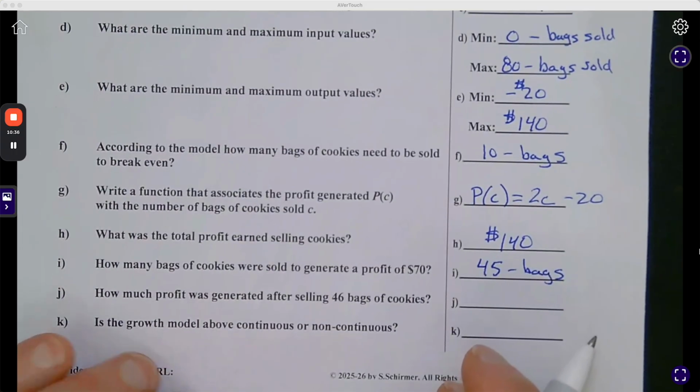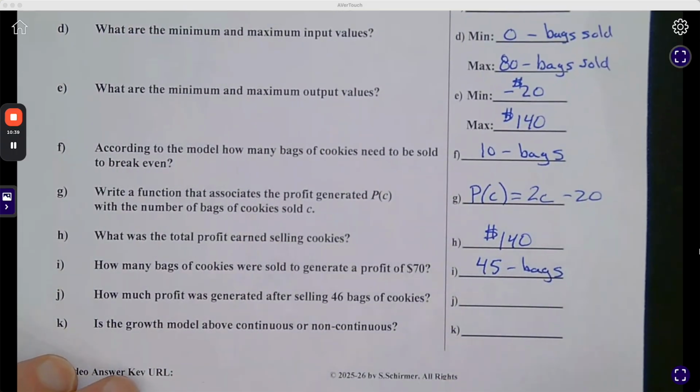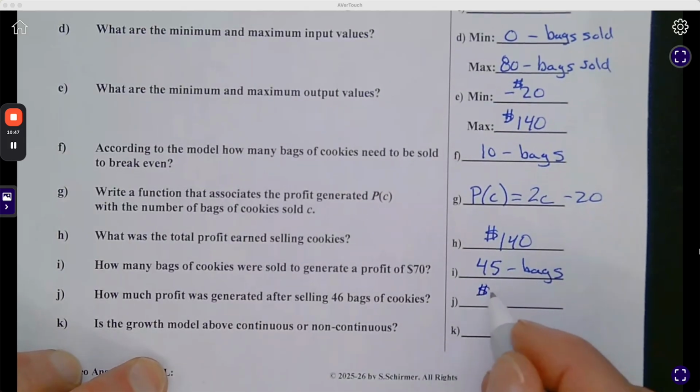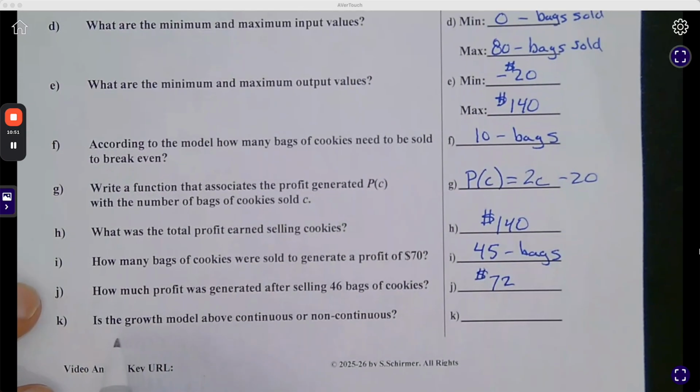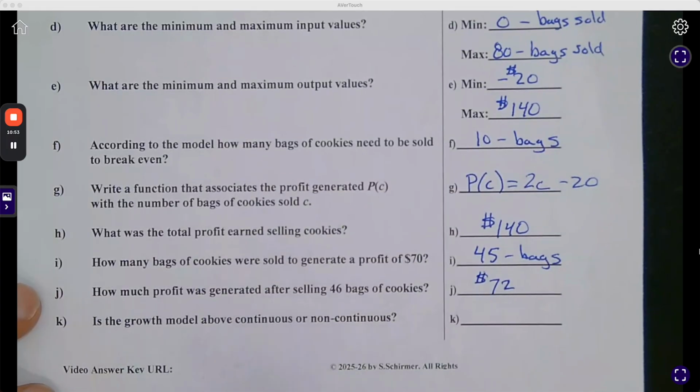How much profit was generated after selling 46 bags? Hold on now. That's just one more bag than that. So that's just $2 more than that. Let's go. I love that common sense. $72.